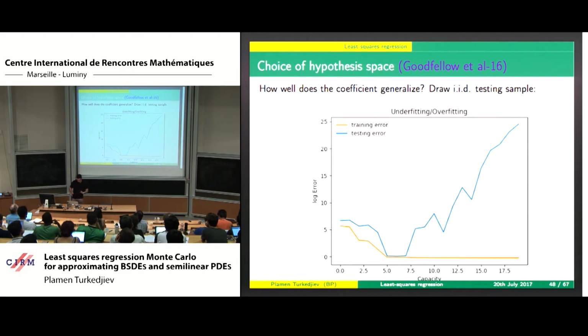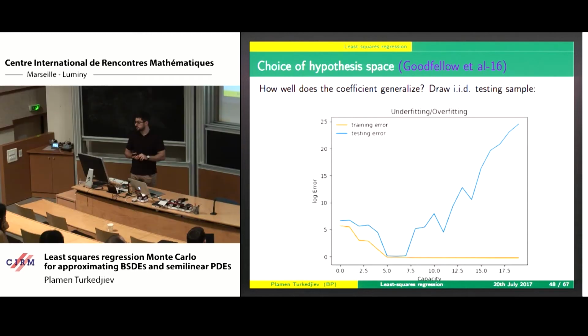So I just want to talk a little bit about this problem of generalization, or how to choose the hypothesis space, how to choose the basis functions. So what we actually care about, so we've taken our sample, we've computed some coefficients.